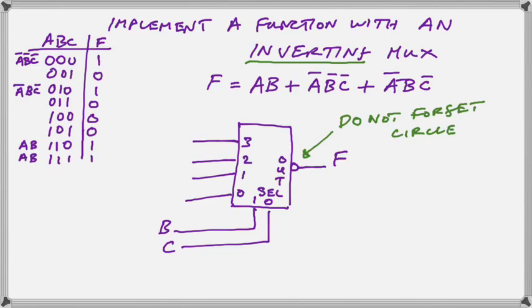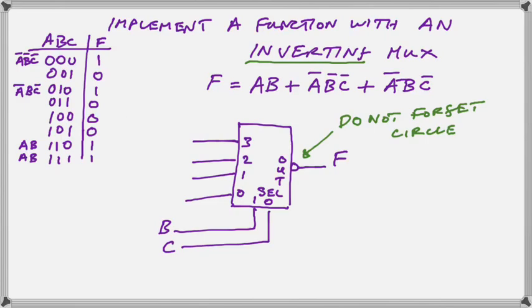Okay, so here's another function, and we're going to implement this function with an inverting multiplexer. Notice the inversion circle. Do not forget that circle on the output of your multiplexer. Everything else is the same as it was in the previous diagram, except that we have a circle on the output.